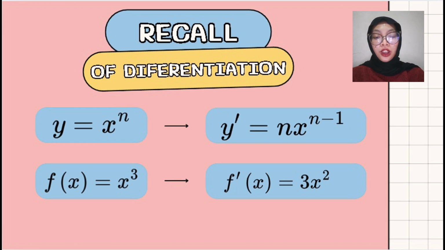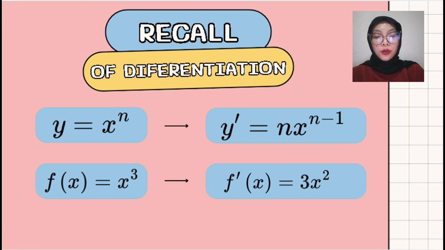Now, if we recall the concept of differentiation, when we have a function like y is x to the power of n, it can be differentiated using the rule y prime is n times x to the power of n minus 1. For example, let's look at the function f of x is x cubed. When we differentiate it, we get f prime of x is 3x squared.